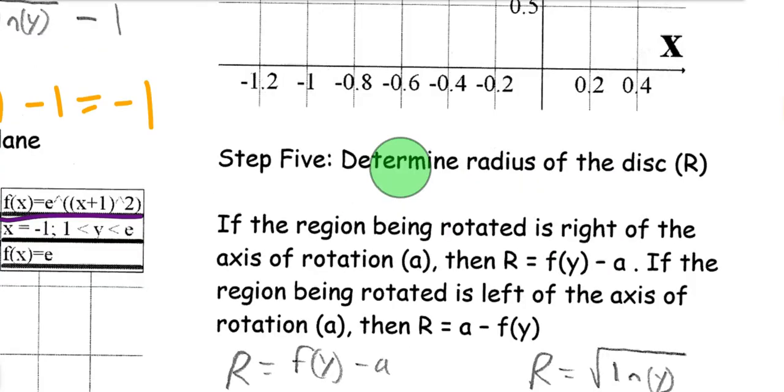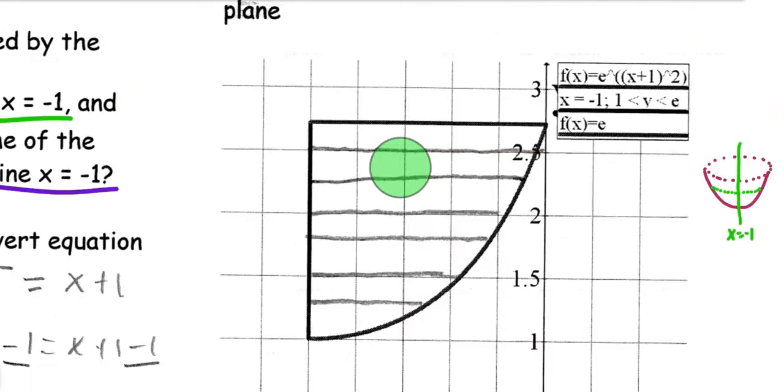So in this particular case, we again are rotating around this line x equals -1. We can see that the region we're rotating is to the right. So all we have to do is take the equation for this curve in terms of y and subtract our axis of rotation, and that will give us our radius. You can see why you would do the right minus the left. So let's go ahead and do that.